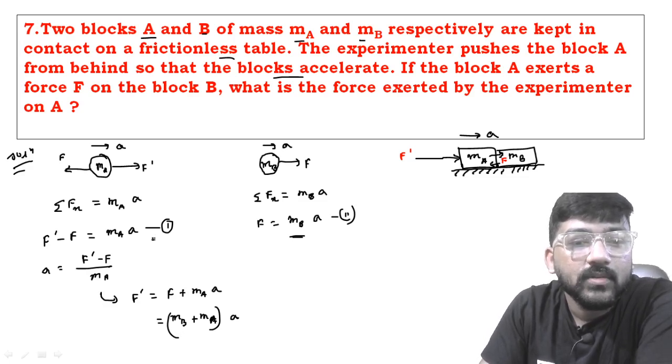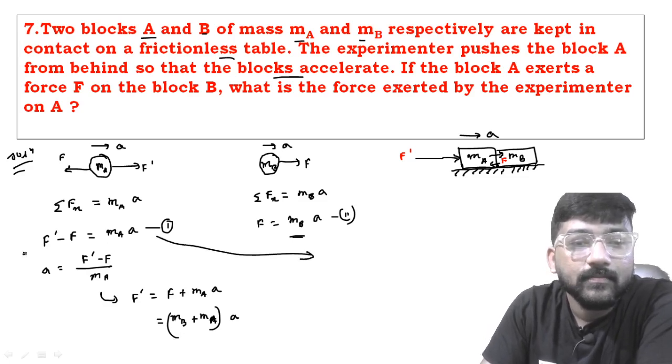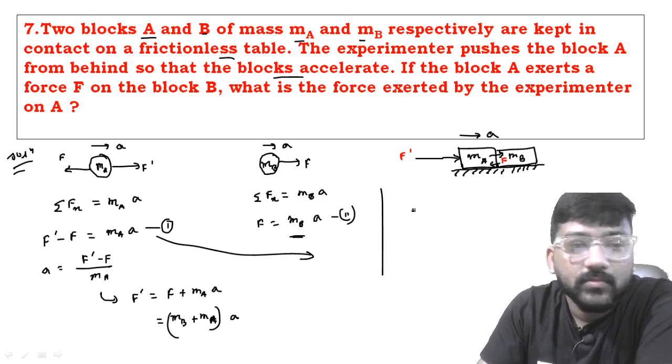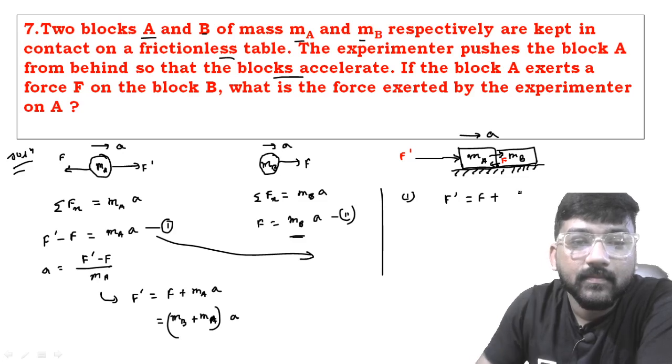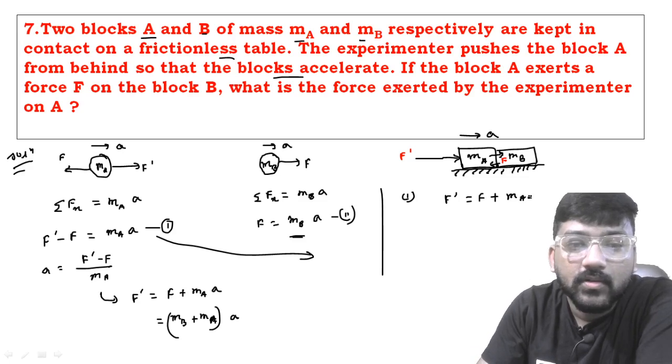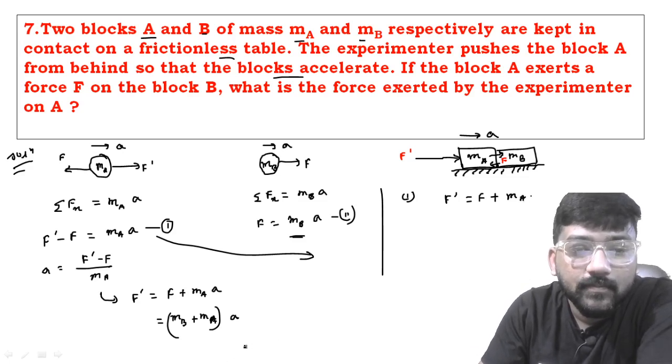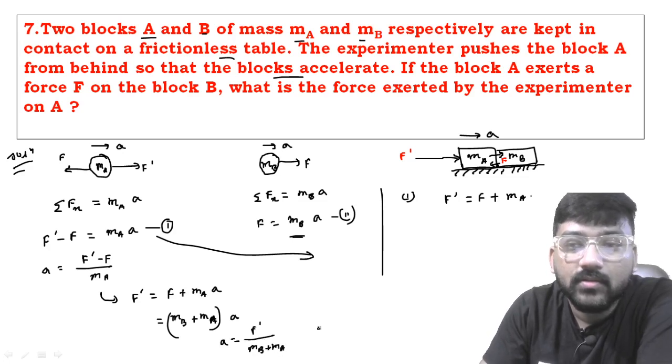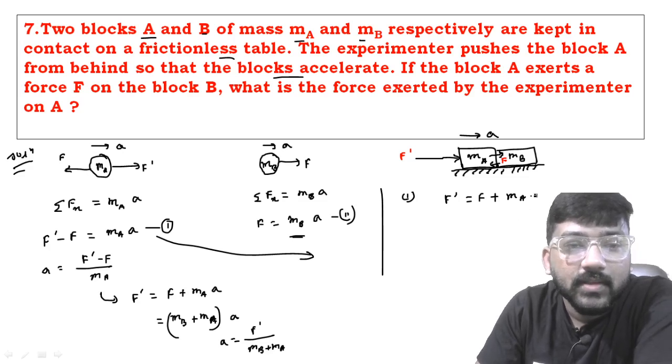Now let us substitute here. From equation 1, we get F dash equal to mb into A plus ma into A. A will be F dash divided by mb plus ma.